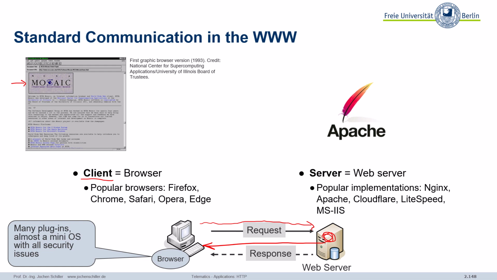Google with Chrome pushed this vision really far, and there's a big advantage: if you program your application using HTML5, cascading style sheets, and JavaScript, this results in platform-independent applications running on all systems having a browser.